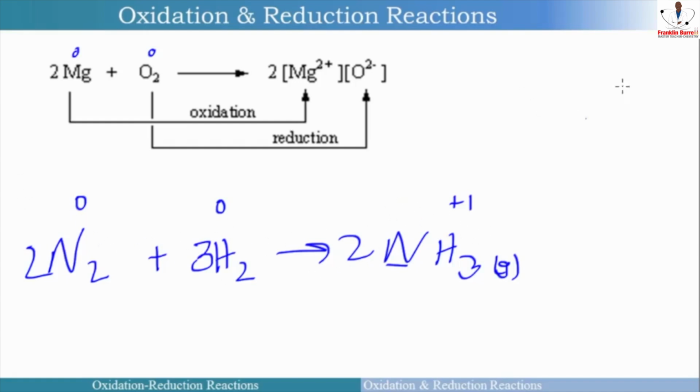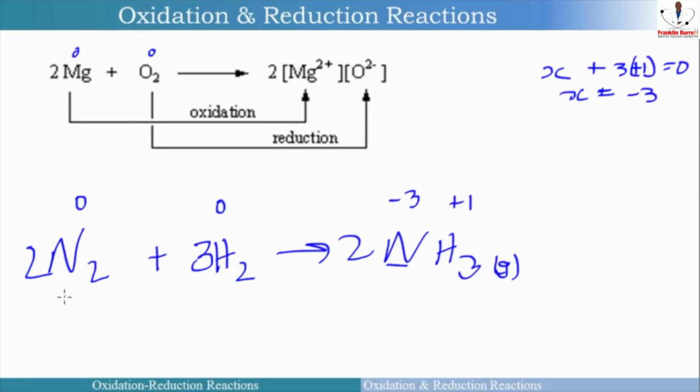So you could go one side and say, well, X plus 3 times plus 1 equal 0. So X is equal to minus 3. So the charge here on N is minus 3. So let's check to see what is going on here.